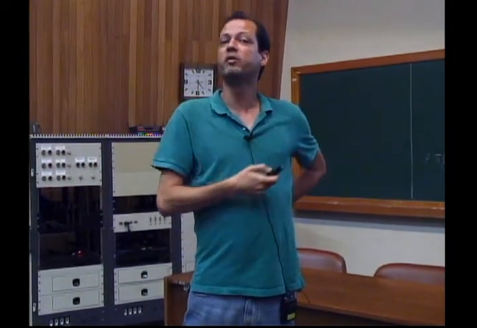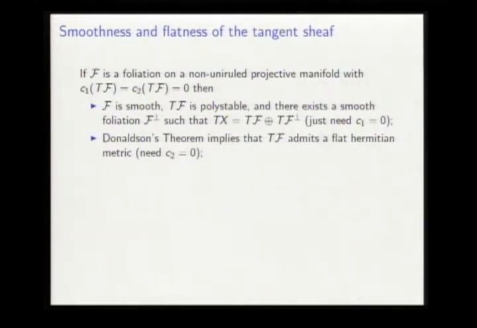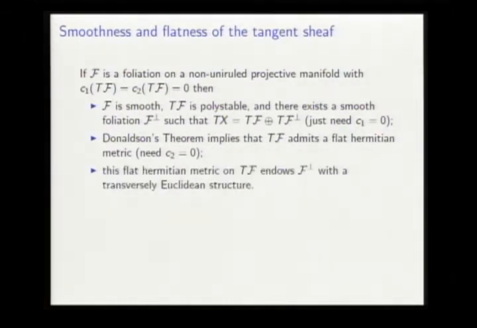So it comes from a representation in the unitary group. And this flat Hermitian metric induces on the transverse foliation a transversely Euclidean structure. So essentially, putting this flat Hermitian metric on T_F gives a Euclidean structure on the leaf space of F orthogonal.